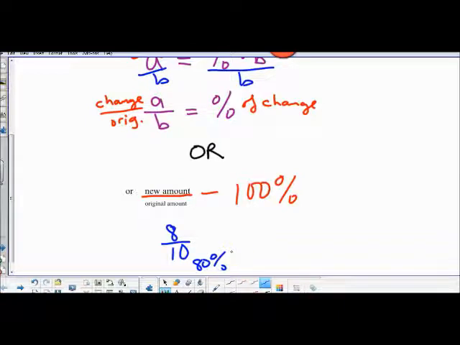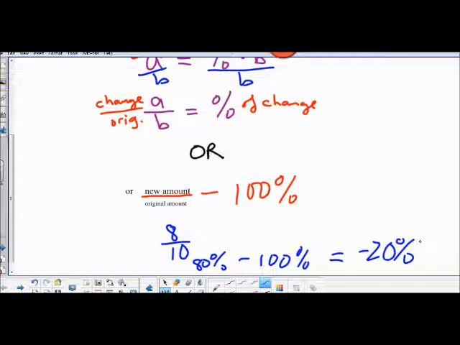It started out at what percent? That's right, 100. The starting amount is 100% of the value always. So if the new amount is 80%, then we see that 80 minus 100, we subtract or less 100%, we find that that would become negative 20%. And clearly, if it started at 10 and went to 8, it went down 20%.